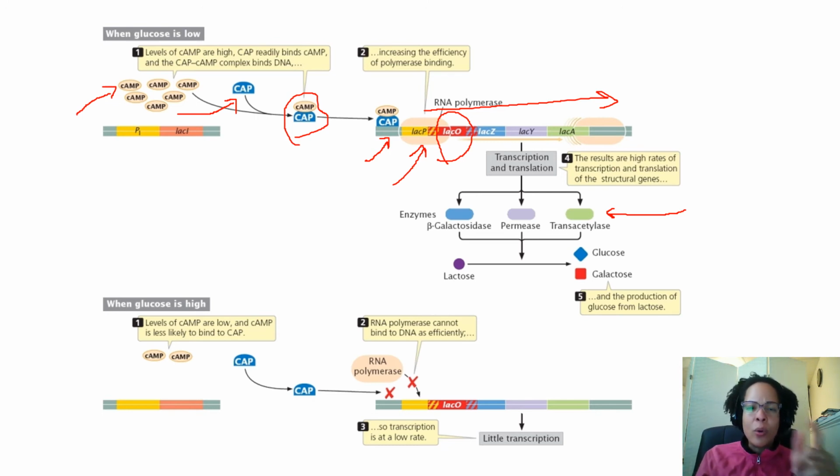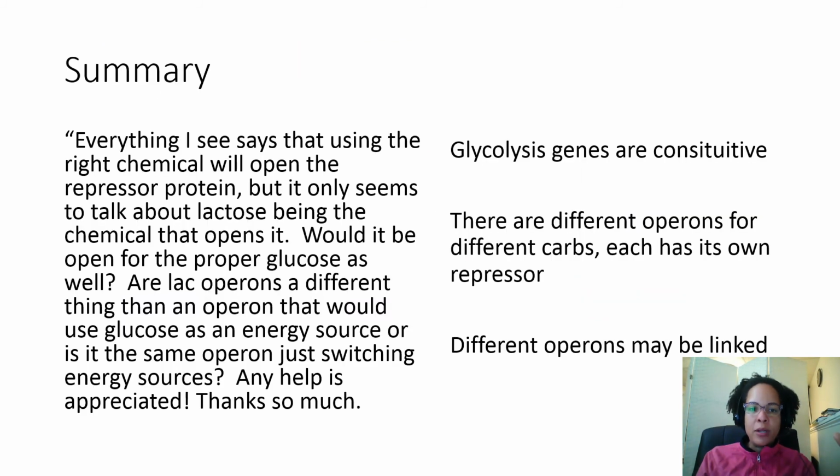So going back to your question, if I'm understanding correctly, you're asking whether glucose binds a repressor on an operon as well. I just want you to remember that the genes for glycolysis, which is how cells break down glucose, are expressed constitutively.